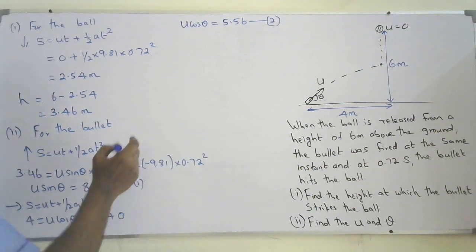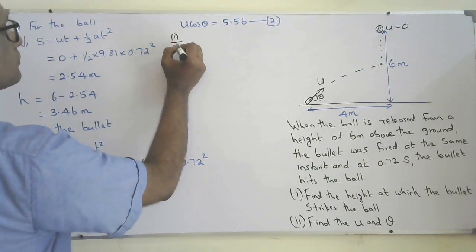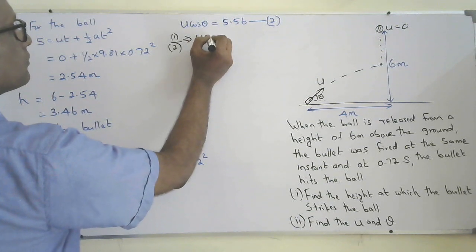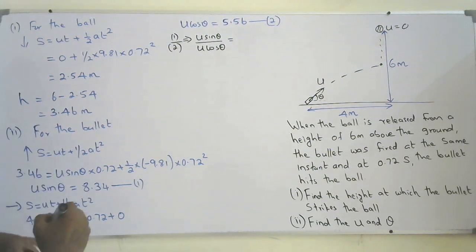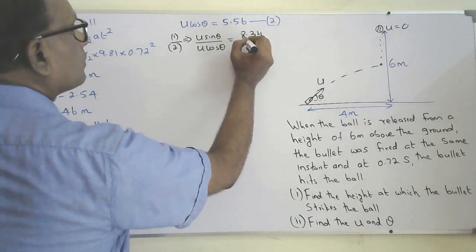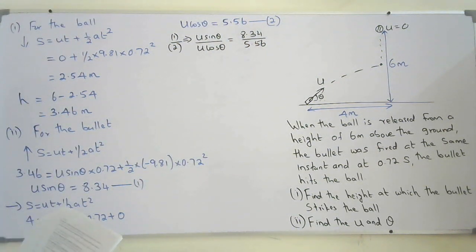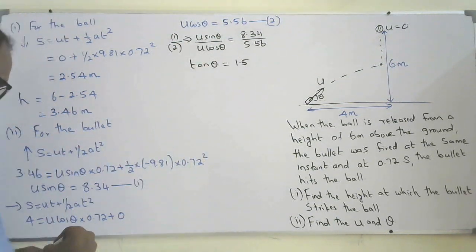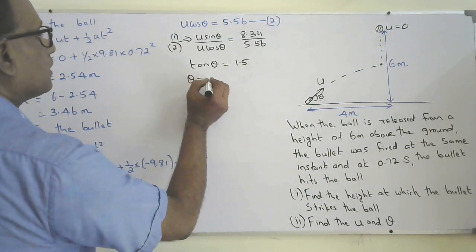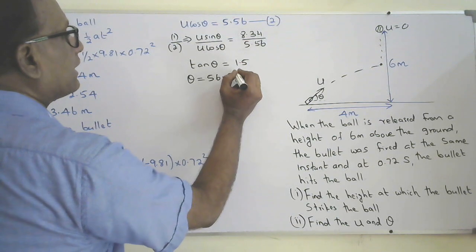Now divide the first equation by the second equation. So that will be 8.34 over 5.56, and u and u will get cancelled. Tan theta will be equal to 1.5. From this we can find theta, which is equal to 56.3 degrees.